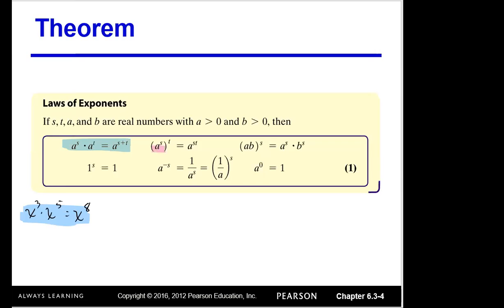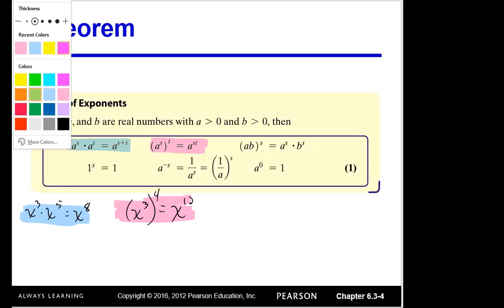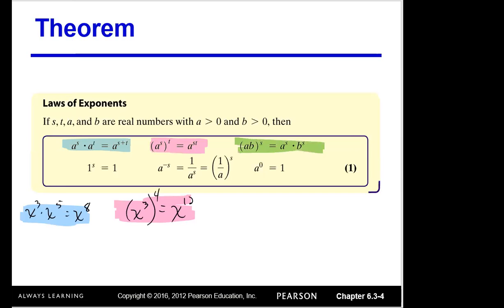And then the next one is if you have a power raised to a power, an example of that would be if I had x to the 3rd raised to the 4th, that would be x to the 3 times 4 is 12. And then this one just says if you've got parentheses, everybody gets raised to that same power.